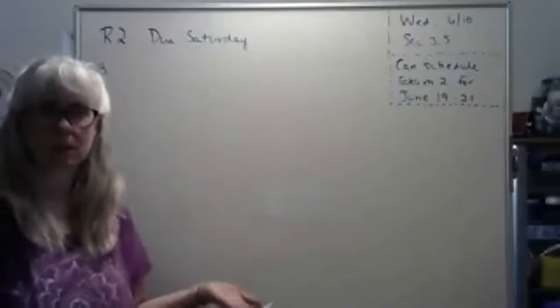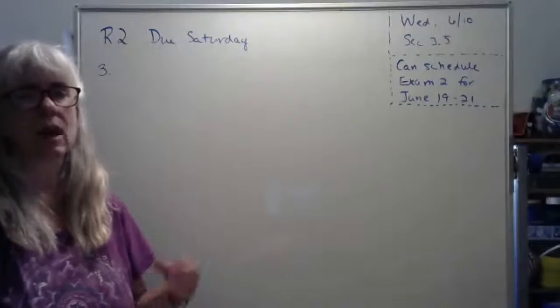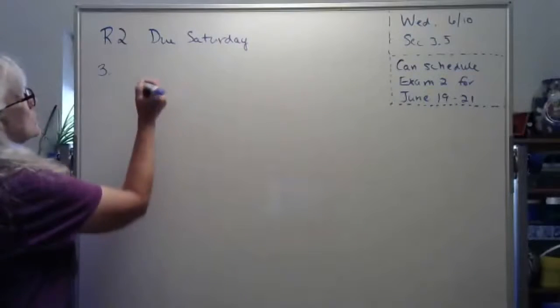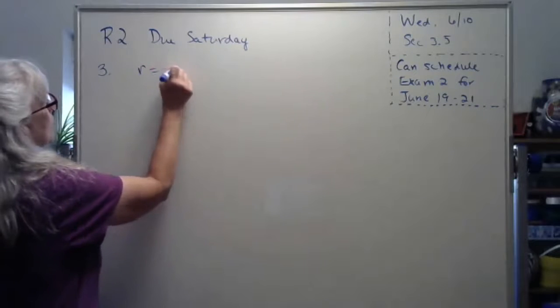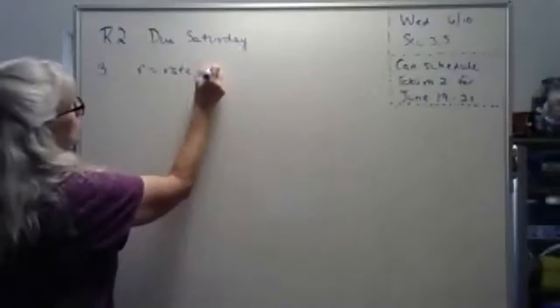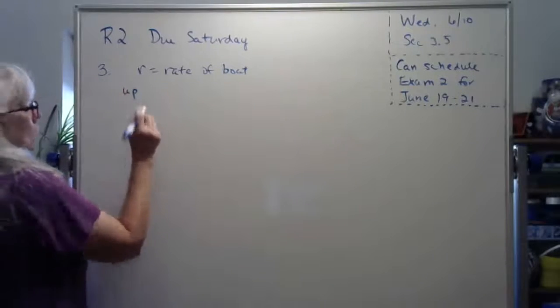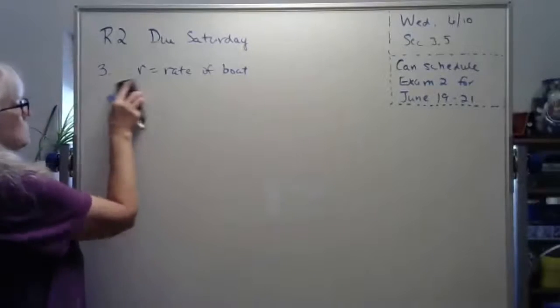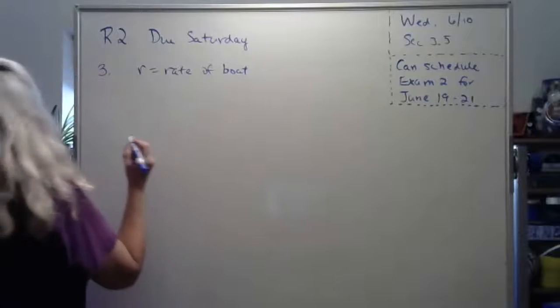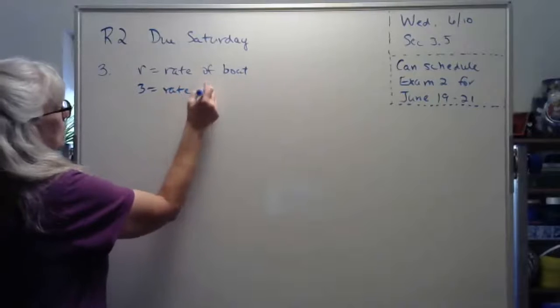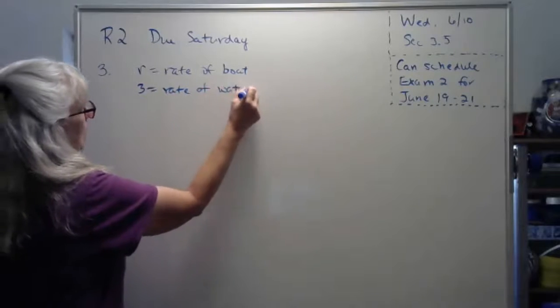So we did do some similar to this. The difference here is that they actually give us an amount of time where they didn't in the previous problems. So we're going to let r be the rate of the boat, or the speed of the boat. They give us that the speed of the water is 3 miles per hour. So that's the rate of the water.